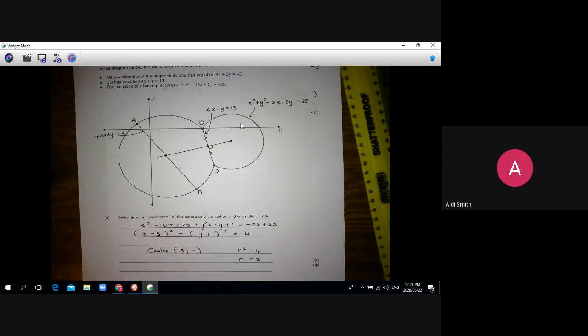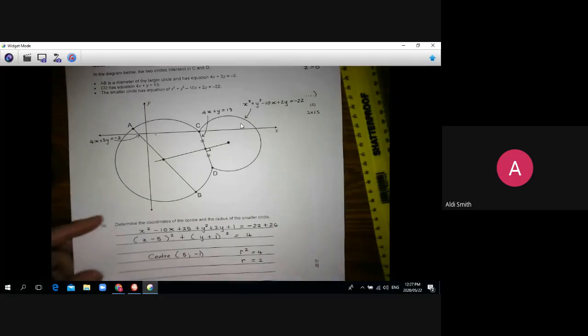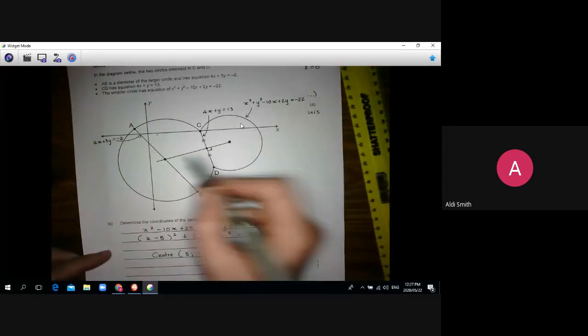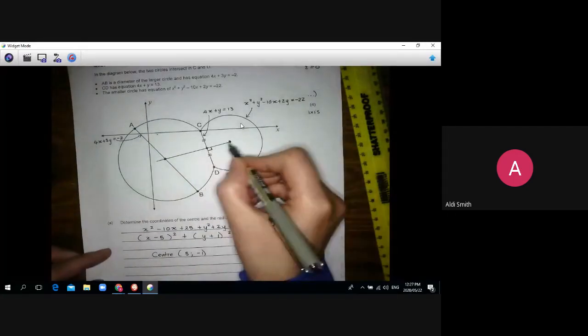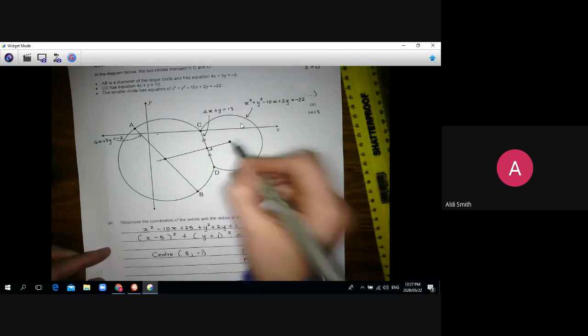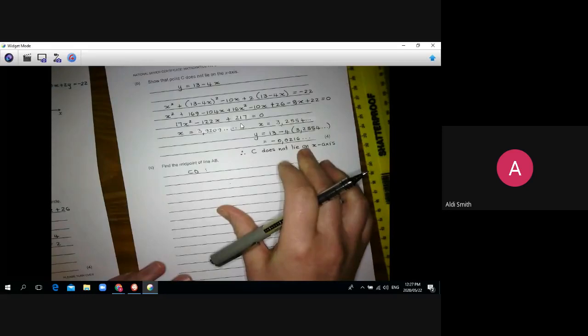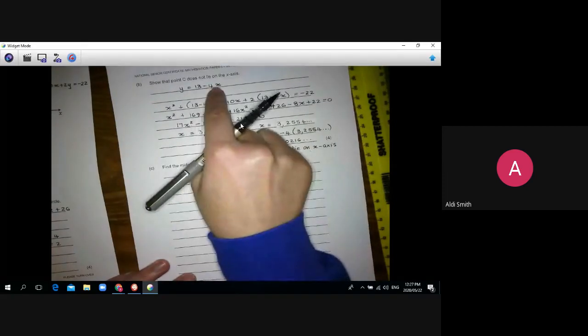Thank you, ma'am. Okay, so first thing we're going to do, we'll call this the radius. So we're going to find the equation of that radius. To find it, we first say the chord CD had the equation y is equal to 13 minus 4x. We had it over there.